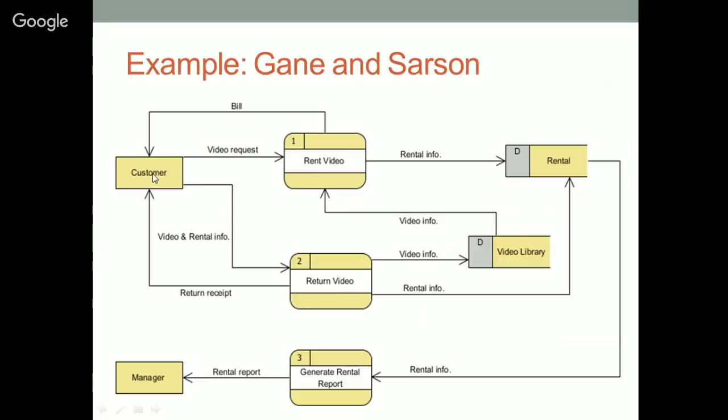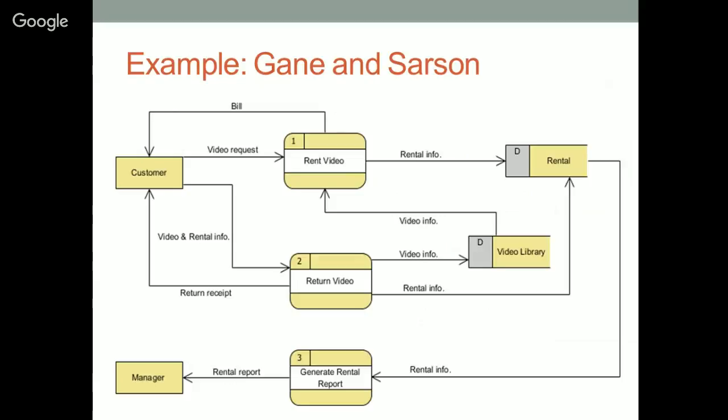So following this request here, data flows from the customer to the rent video process. And the rent video process processes that data, and information flows out of it in two ways. One is sending the bill to the customer, and another is sending the rental information to a rental database. And from that rental database, information flows to this process down here, number 3, to create a general rental report.